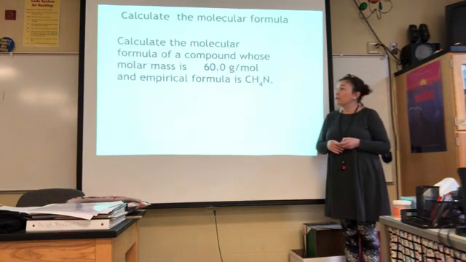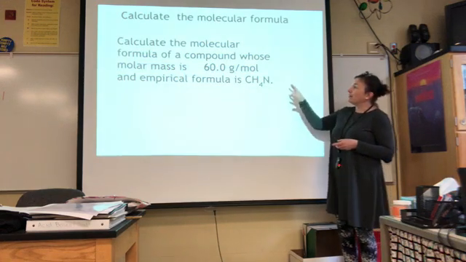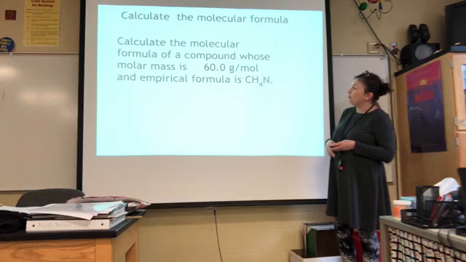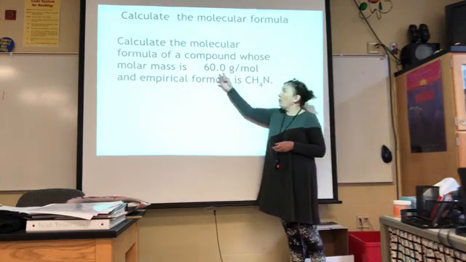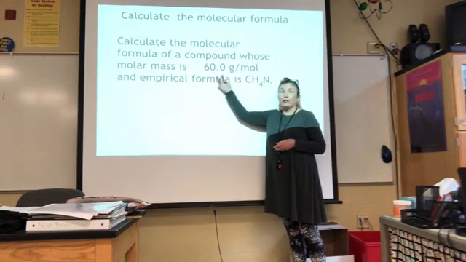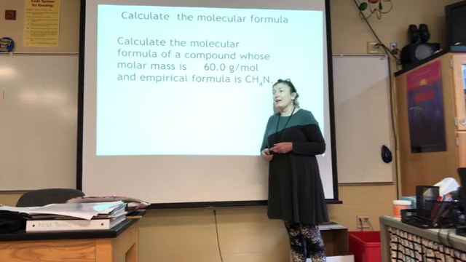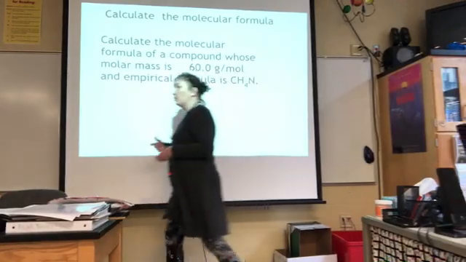Okay? So if we look at this, calculate the molecular formula of a compound whose molar mass, this is the molar mass of the molecular formula. Okay? So the molar mass they give you is going to be of the molecular formula.